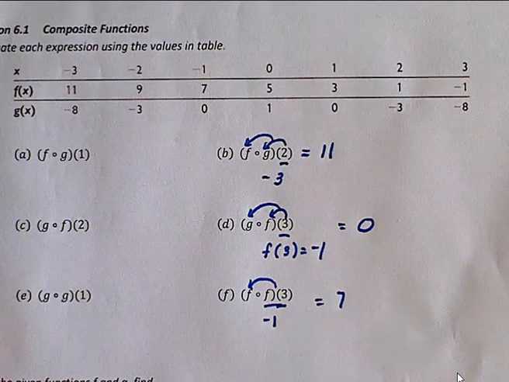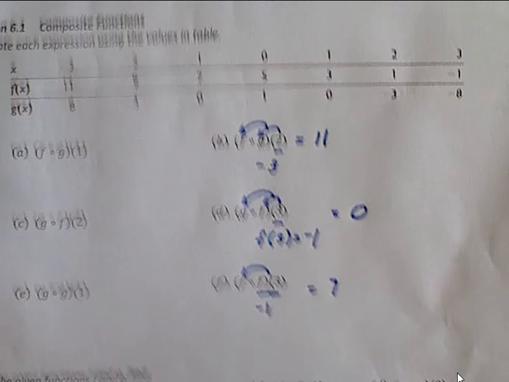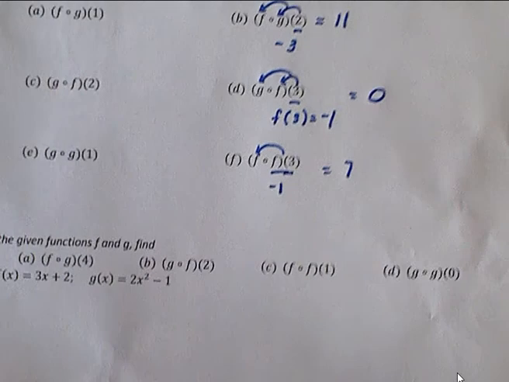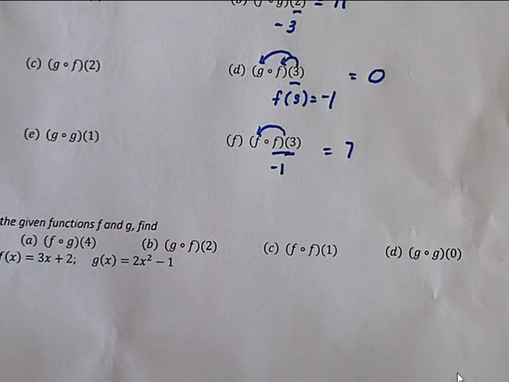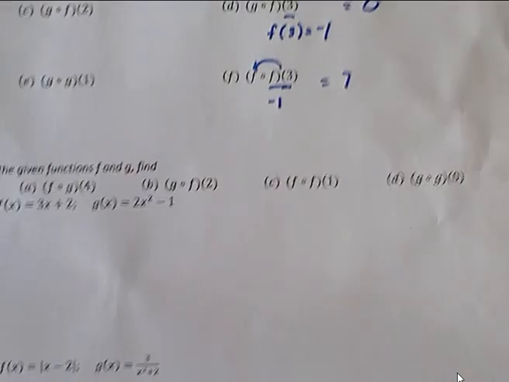Okay? So that's for number 1. That's what they're asking you to do. Use that table to evaluate each one of those composite functions. On number 2 and on number 3, you have A through D, each one of these. And again, you're trying to form composites.